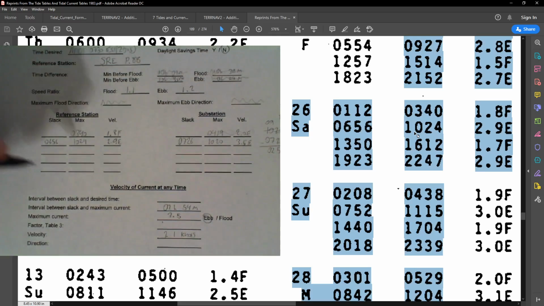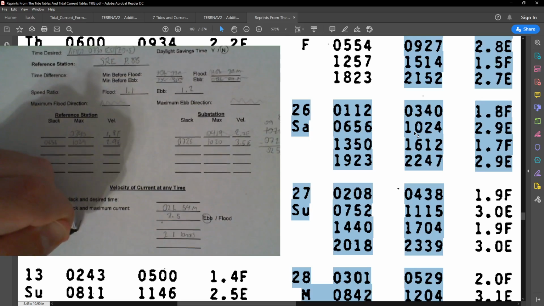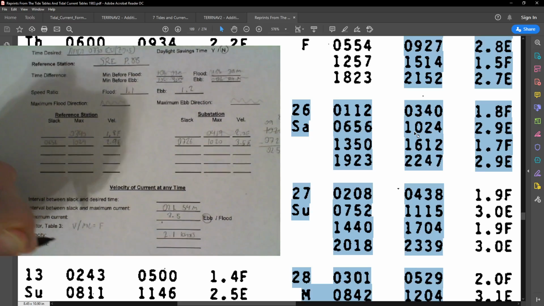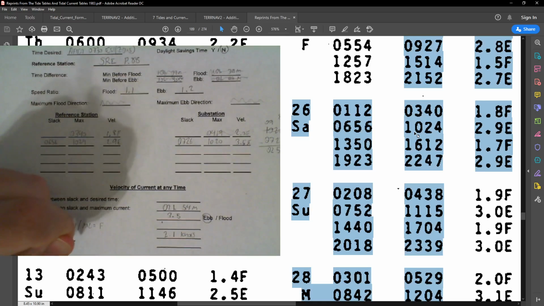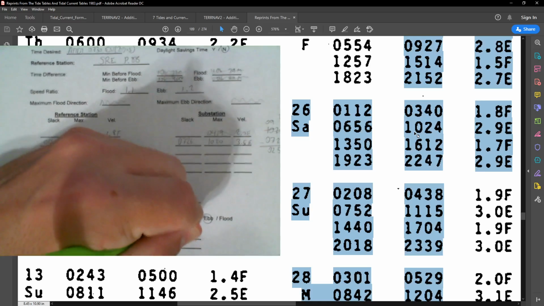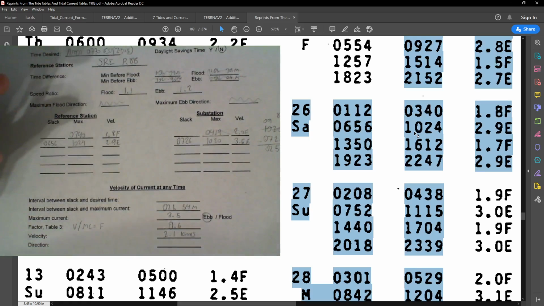The maximum current between these two times is 3.5 ebb. Now that we have that, we're going to find our factor by using our handy formula of V divided by MC equals F. The velocity is 2.1 divided by 3.5 is 0.6. So our factor is 0.6. Now that we have that, let's go to table 3.